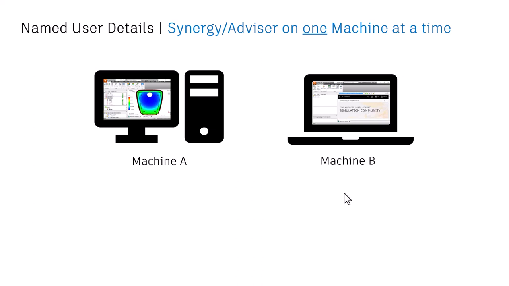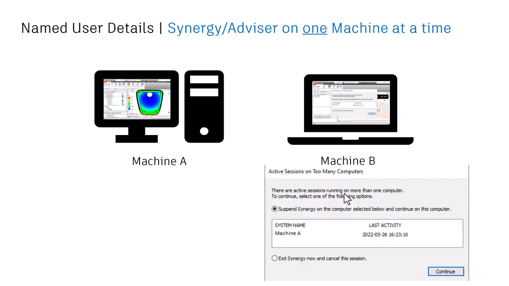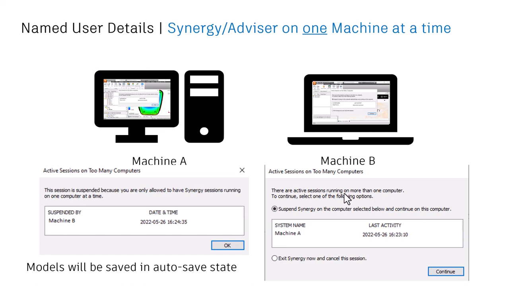Now instead of getting an error, you will get a notification that Synergy is already open on machine A. Do you want to close it and open it on machine B? A new pop-up will come up and the model will be auto saved on machine A, and you can open your Synergy on machine B.